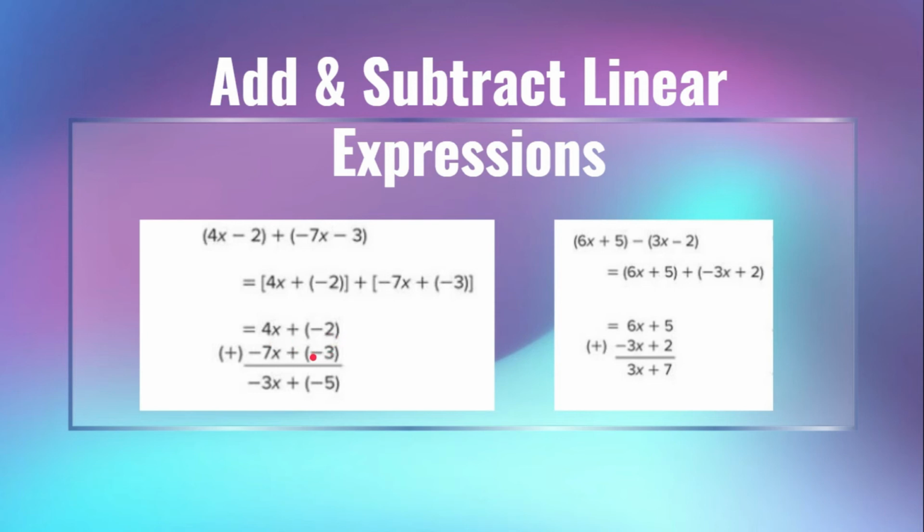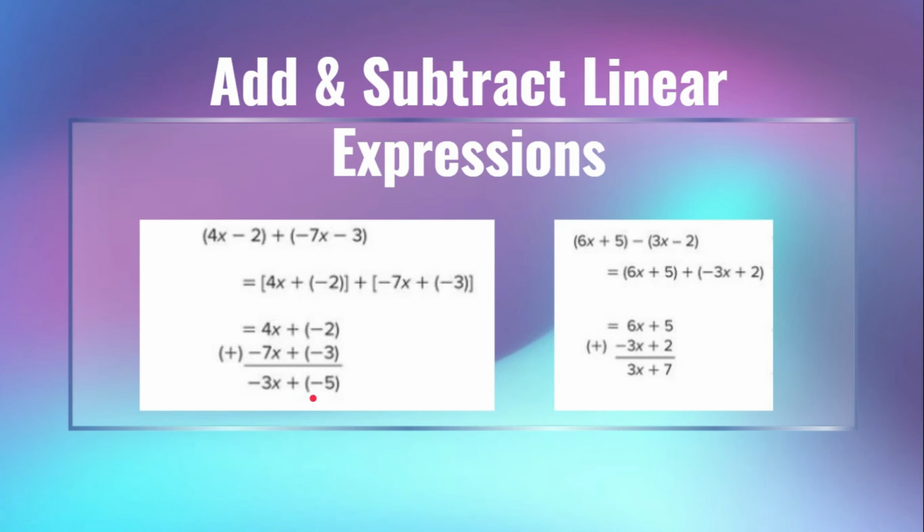Finally, we are going to add them. We're going to do a column addition here. So 4 plus negative 7 equals negative 3x, and negative 2 plus negative 3 equals negative 5. So this would be our final expression here.